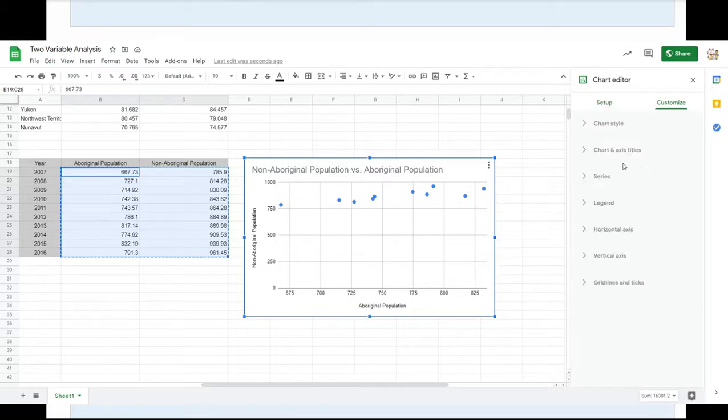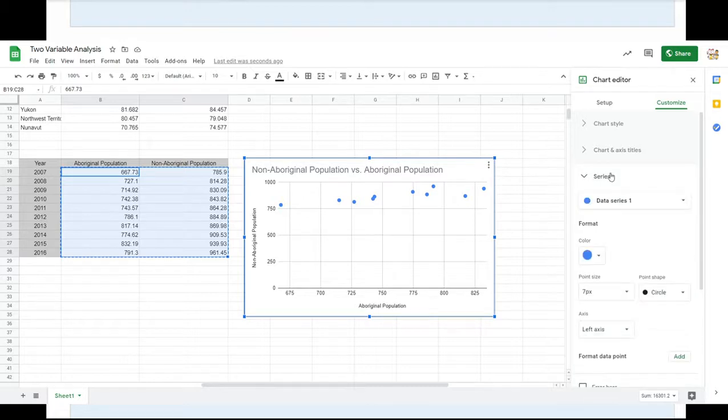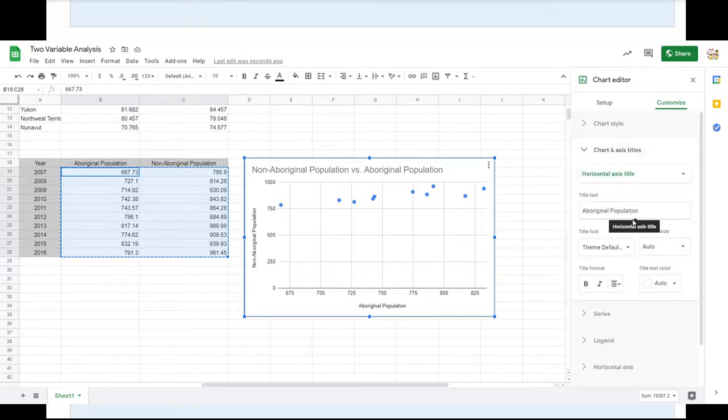Under customizing, I can change some things just to make things a little bit easier. So I had my weekly Aboriginal income as my X, and the weekly non-Aboriginal income as my Y. Now again, hopefully you are familiar with independent and dependent, your X and your Y. So in this case, we're basically saying that the non-Aboriginal income is affected by the Aboriginal income.